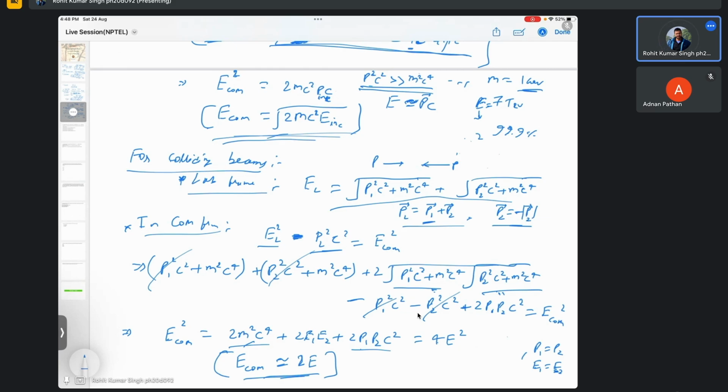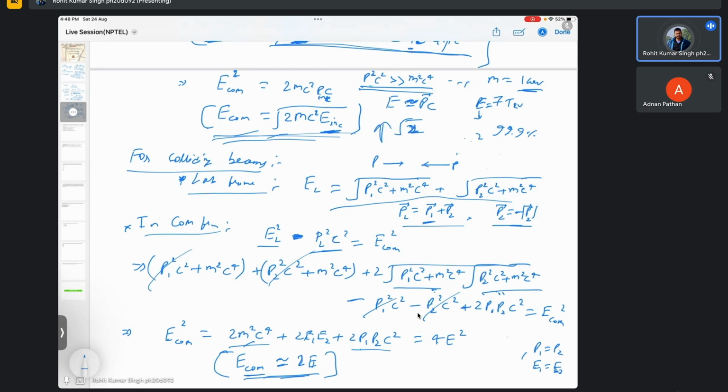For example, if you increase the energy of one beam by 2 times, the center of mass energy will also increase 2 times. It will become 4E. But if you increase the incident energy by 2 times in fixed target, the center of mass energy will increase only by a root 2 factor.